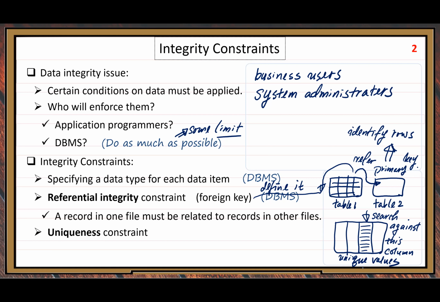Think about that. If we allow duplicate values, when we apply binary search, we may need to consider the data value duplicates factor, right? So that means the uniqueness property will cause some difference in our search algorithms.